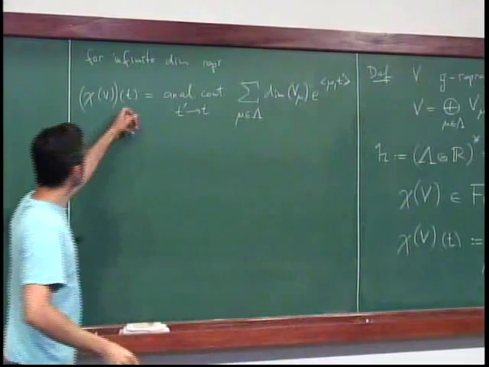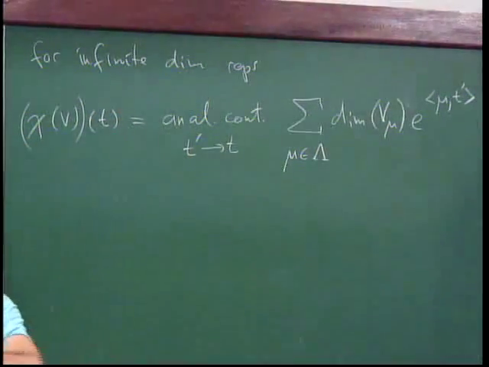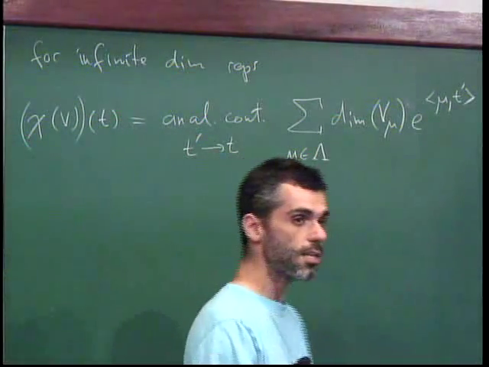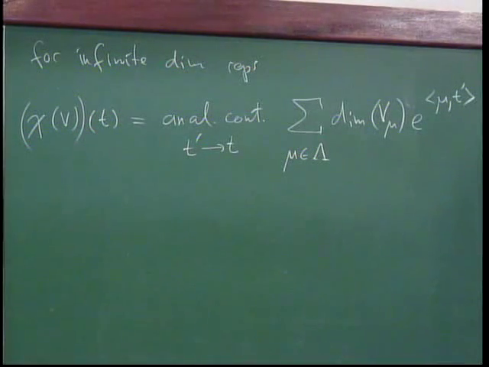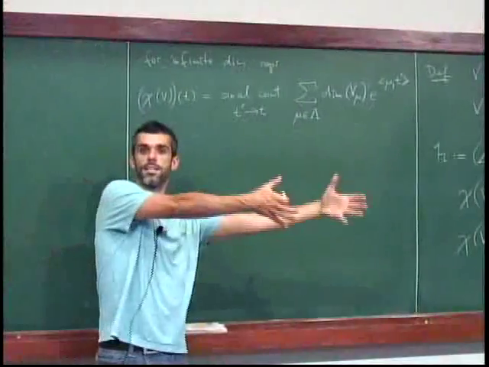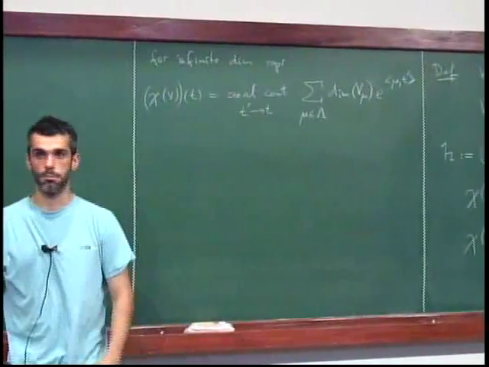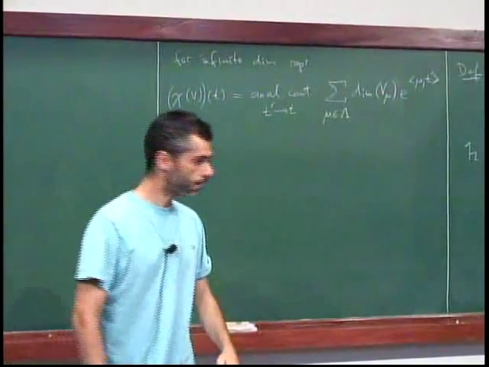So suppose I want to compute the character at a particular point t, and that at that point the thing diverges. But suppose that I'm lucky and there exist other t's where the thing does converge and defines a function which is analytic, then I define this to be the analytic continuation of what it is in the place where it converges. So anyways, that's the formal definition that I'll be using.